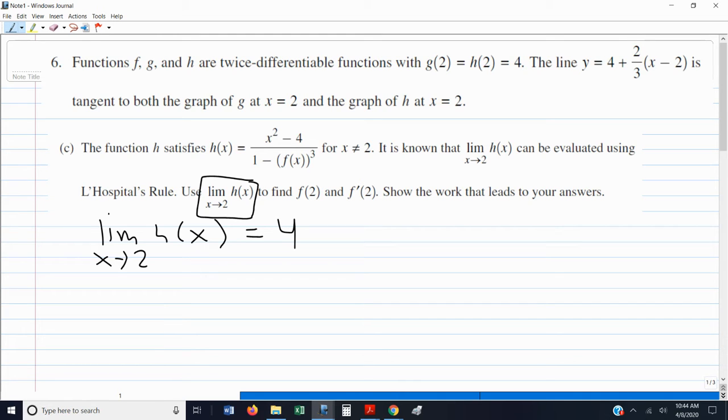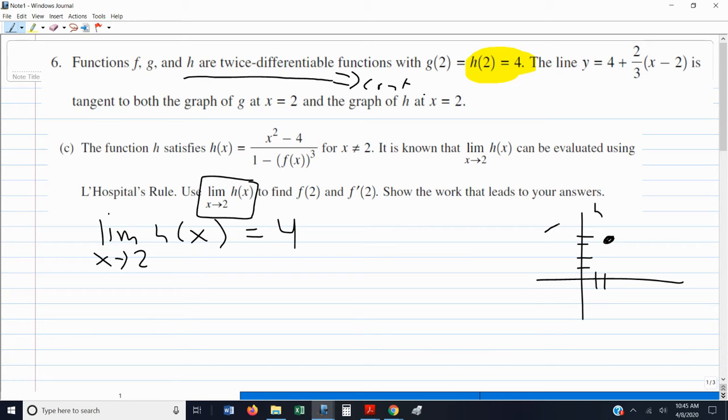And the reason we know that is because not only were we given that at x equals 2 the output is 4, but the two-sided limit being 4 is not necessarily guaranteed, except that it says h is differentiable. And differentiable implies continuity. And so if you have a continuous function, that means that the output is also going to be the two-sided limit at that x value.